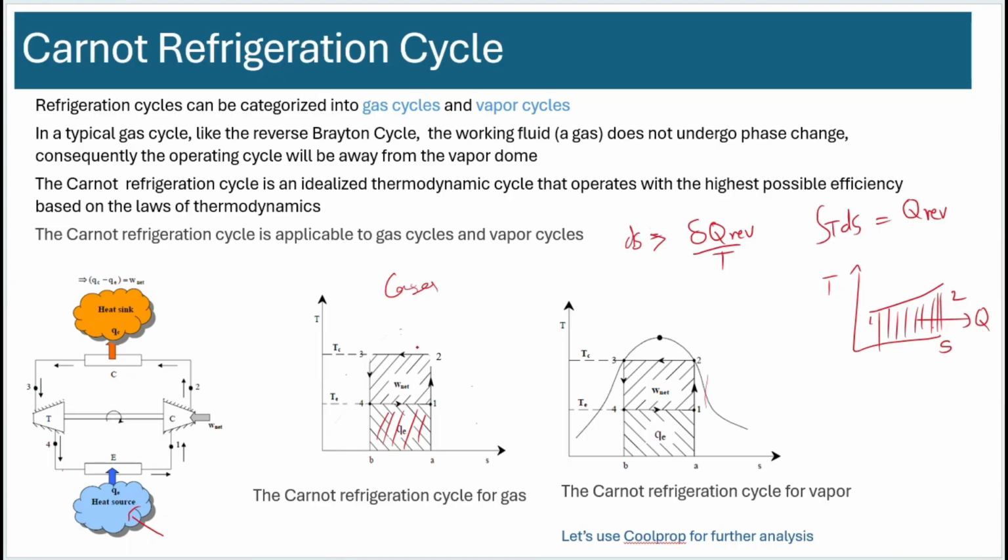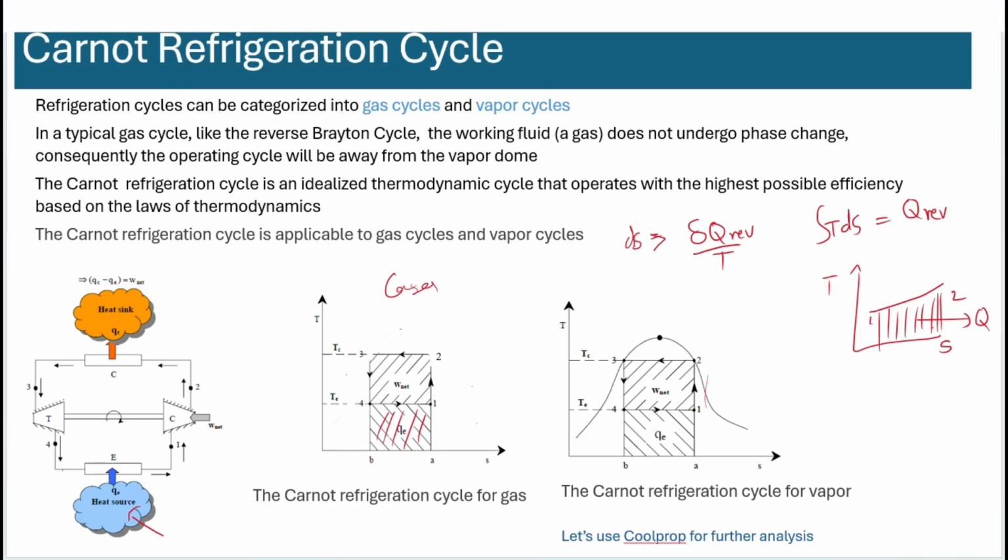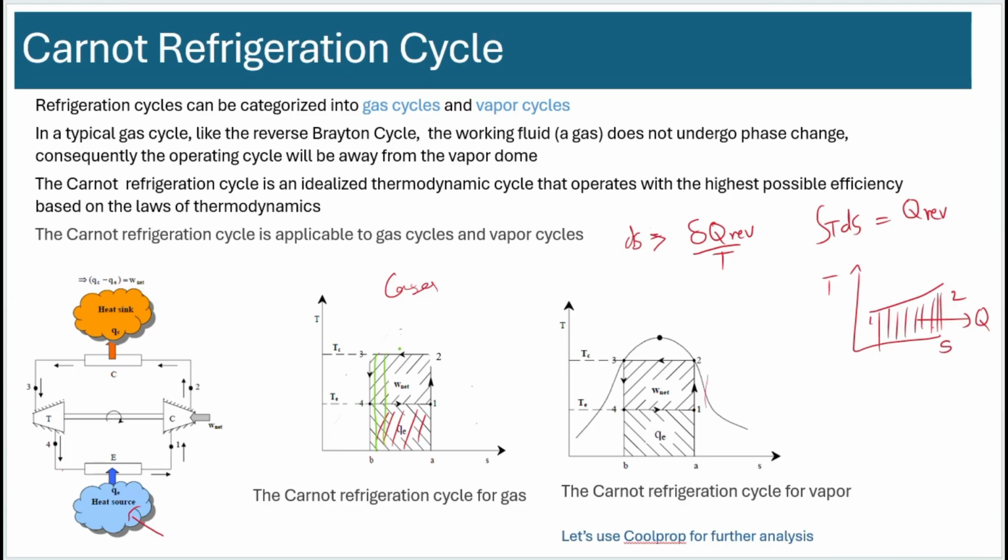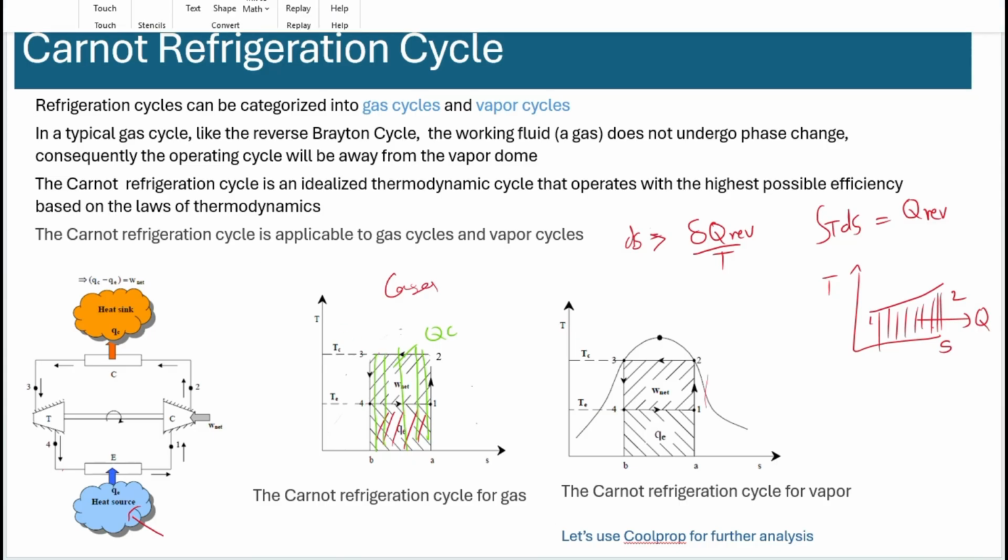So let me change the color here. This green color represents QC, the net heat that is going out. And what is represented by the area inside? Let's use a blue.